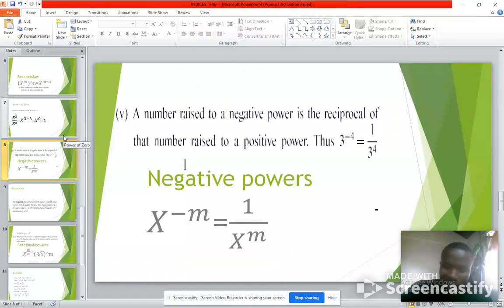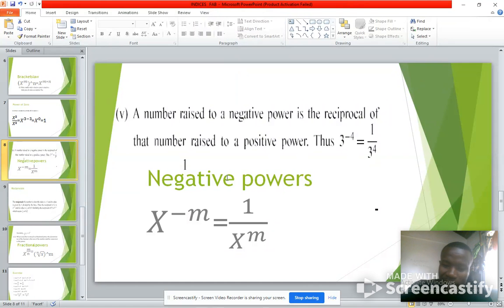A number raised to a negative power is the reciprocal of the number raised to a positive power. For example, 3 raised to the power negative 4 is equal to 1 over 3 raised to 4.